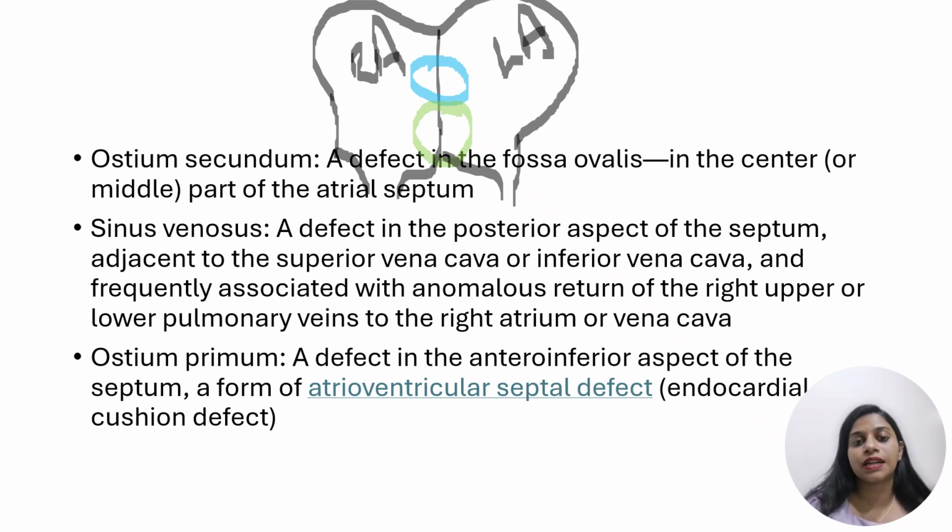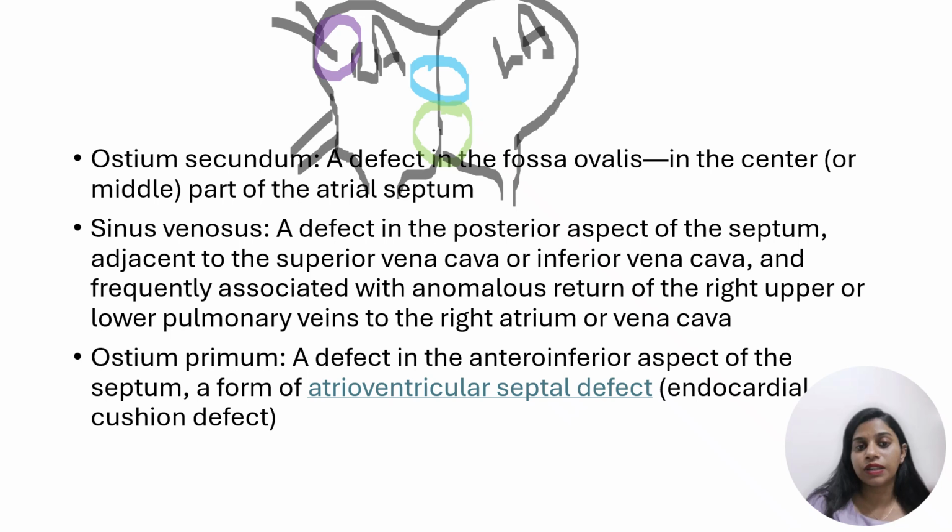Next, coming to the sinus venosus ASD, there is superior vena cava and inferior vena cava which is draining into the right atrium. So if this is the SVC and this is IVC, in the sinus venosus defects, the defect can be near the level of the SVC and the right atrial drainage.